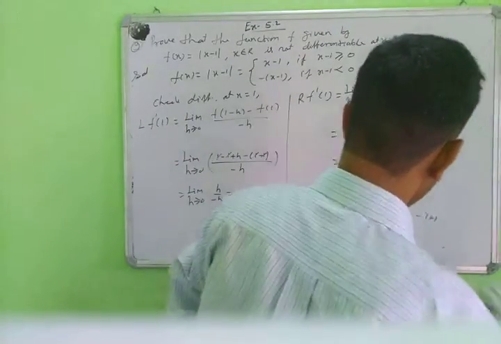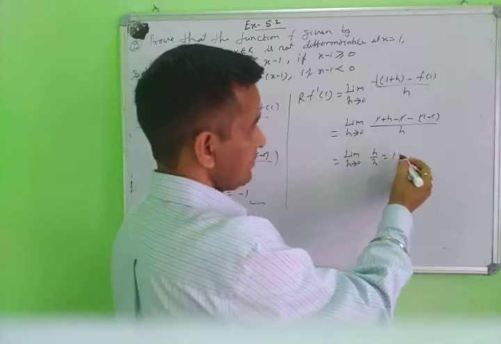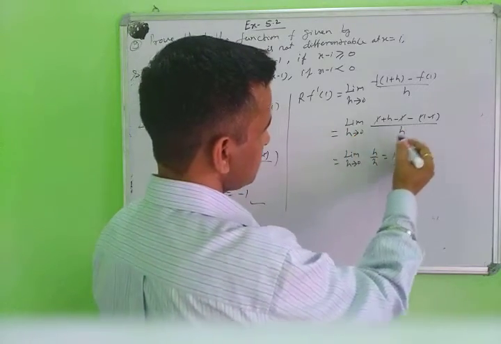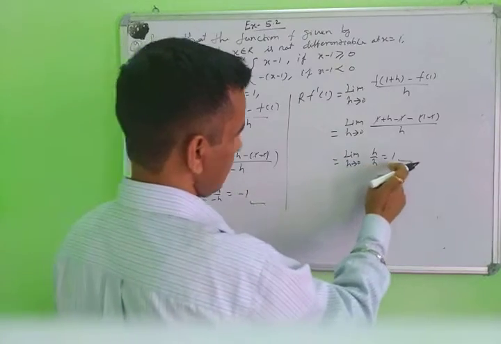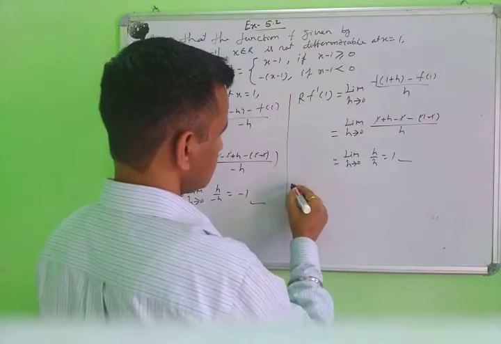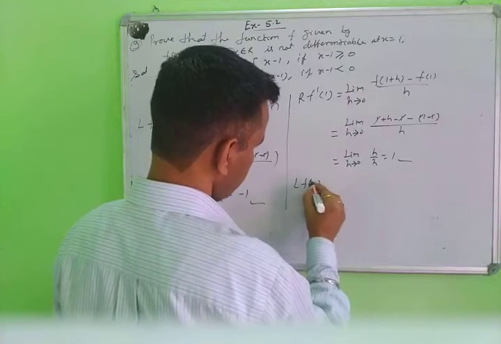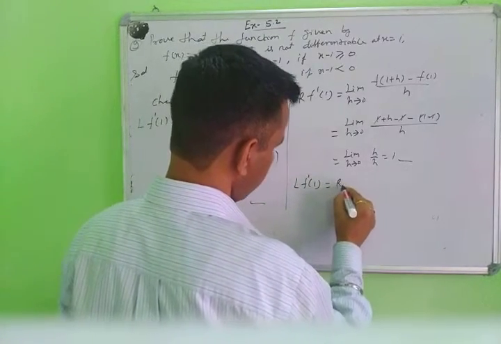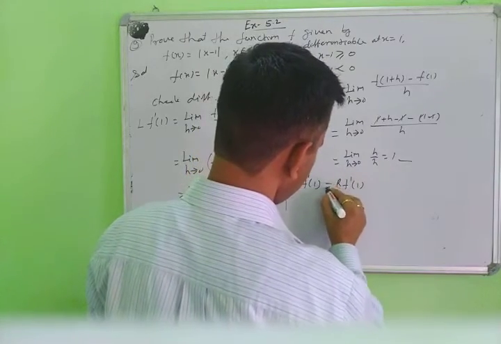So now the LHL value here is minus 1, and the RHL here is plus 1. So the left hand derivative of f at 1 does not equal the right hand derivative of f at 1.